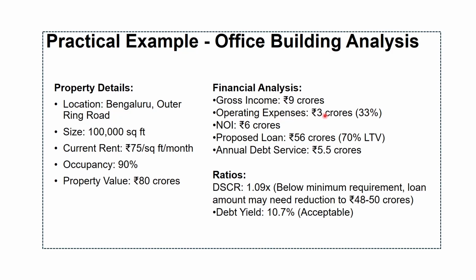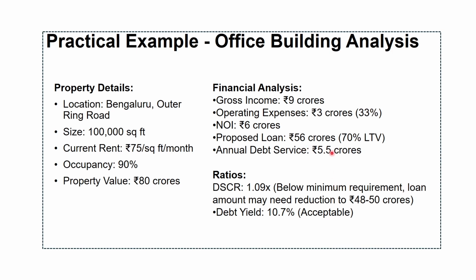Operating expenses are around 3 crores, that is 33%, yielding 6 crores NOI, and a proposed 56 crore loan which is 70% LTV, and the annual debt service is coming at 5.5 crores. So, the DSCR, if we find out, will be 1.09, below minimum requirements.